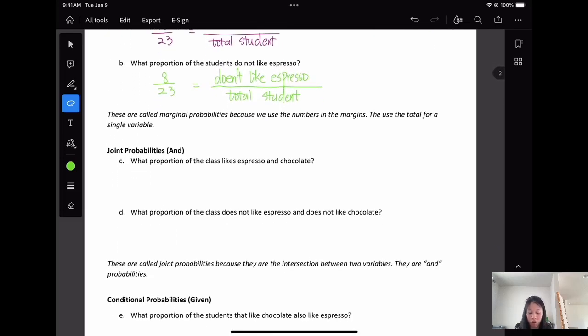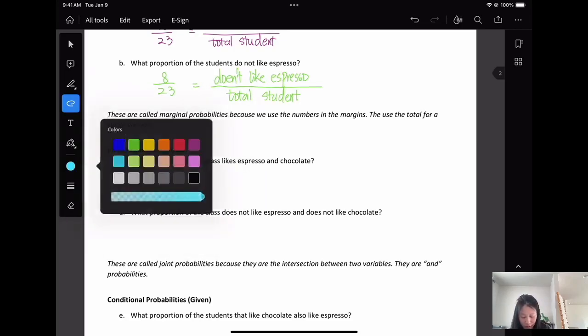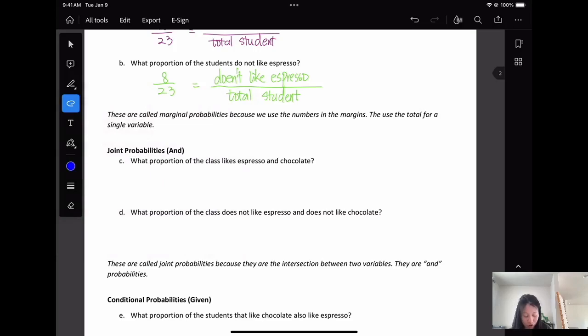Okay, so joint probability. Joint probability is the proportion where they overlap. Now, let's take a look at the same table. What proportion of the class likes espresso and chocolate? That means they have to satisfy both conditions. They like chocolate and espresso.